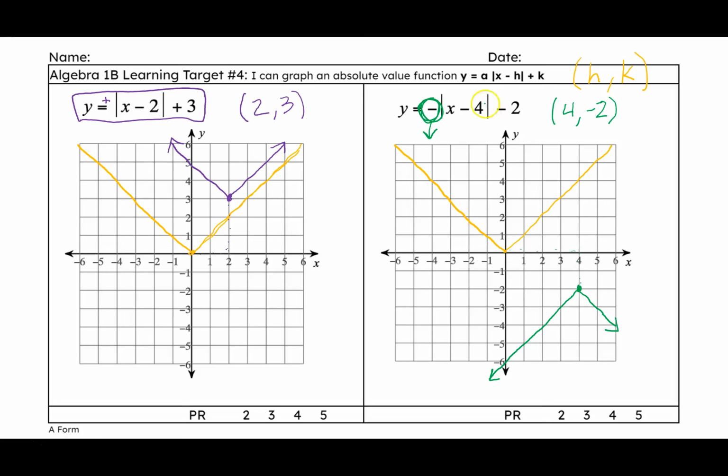And it flipped it around, making it go upside down instead. Those are the main things that you're going to have to watch out for with these functions: where is it going to start? And just remember it goes perfectly diagonal, either like the letter V going upwards or a letter V going downwards, depending on if that a term in front is an invisible positive one or a negative one.